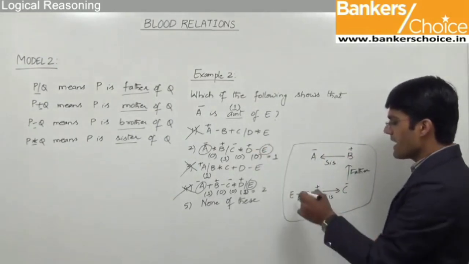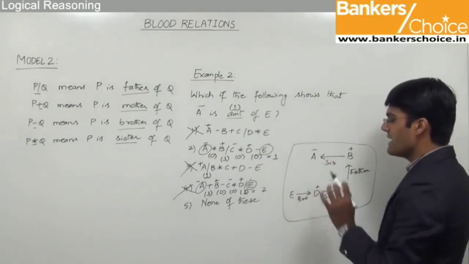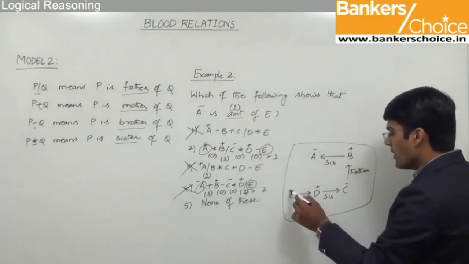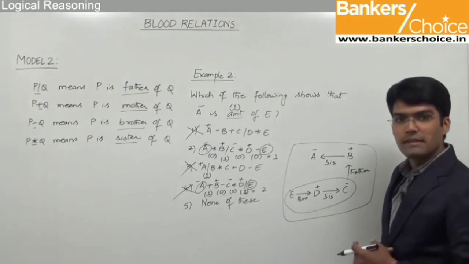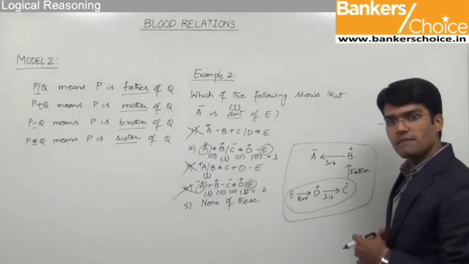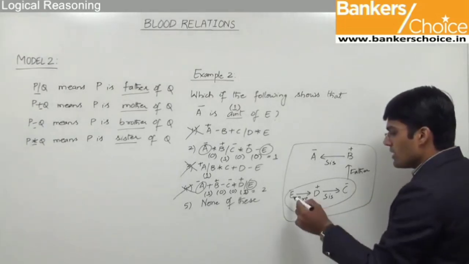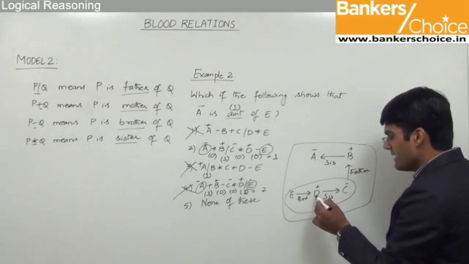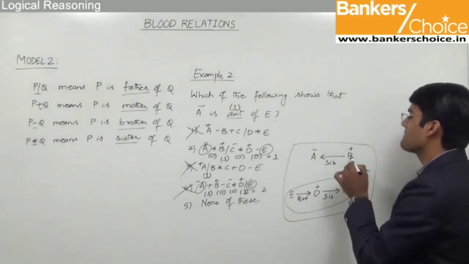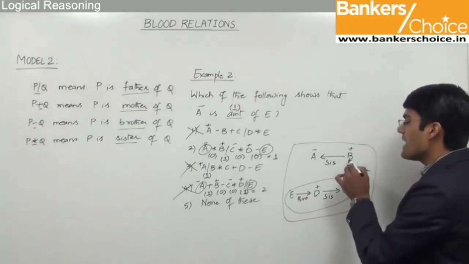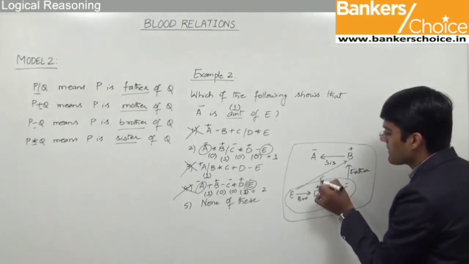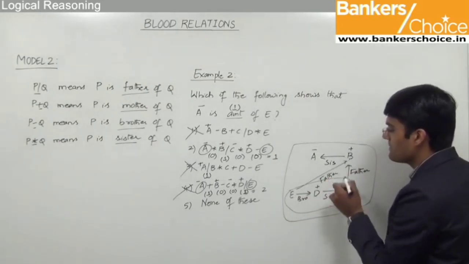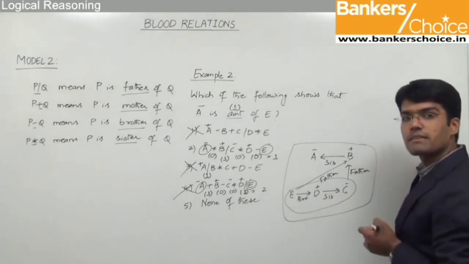Now from this, if we try to establish the relationship between A and E, we can see that all these three persons, that is E, D and C, are siblings. That means they are children of the same parent. So E's brother is D, D's sister is C and C's father is B. If C's father is B, it is very clear that E's father is also B. So E's father is B, since all these three persons are siblings.